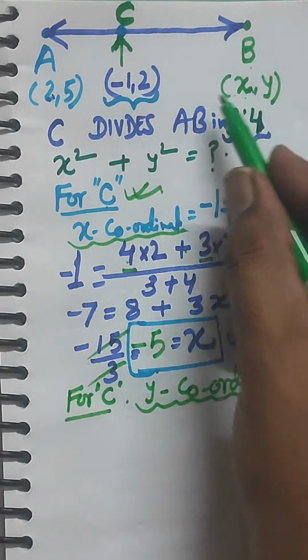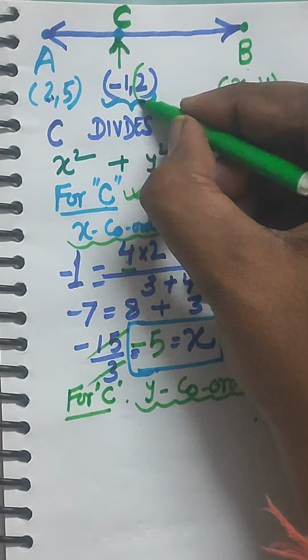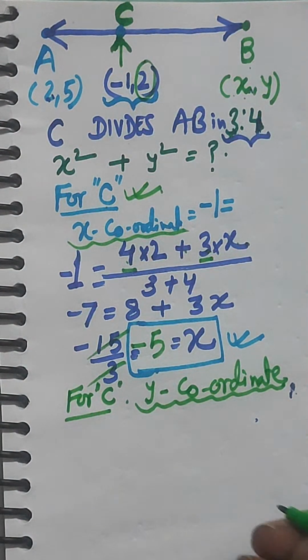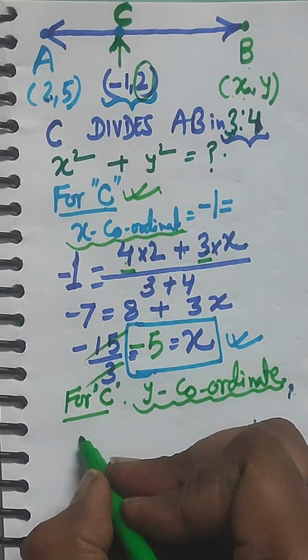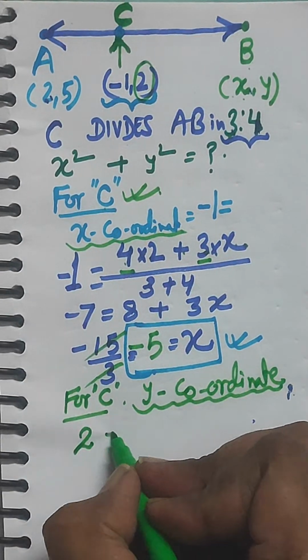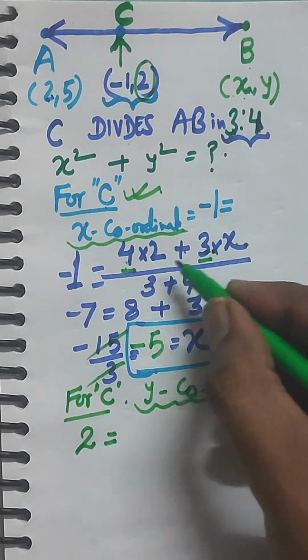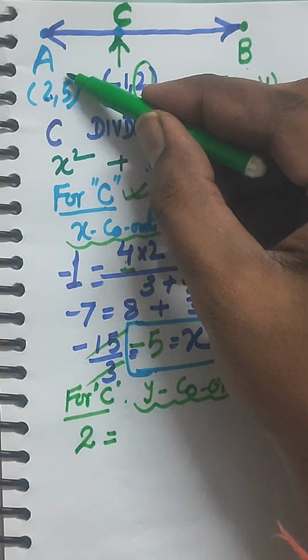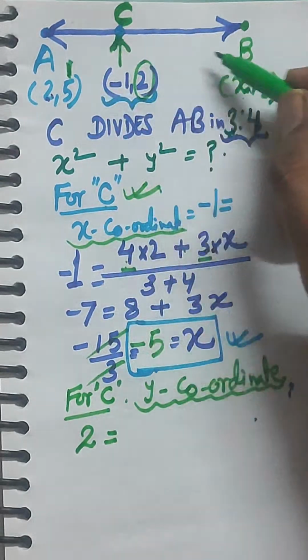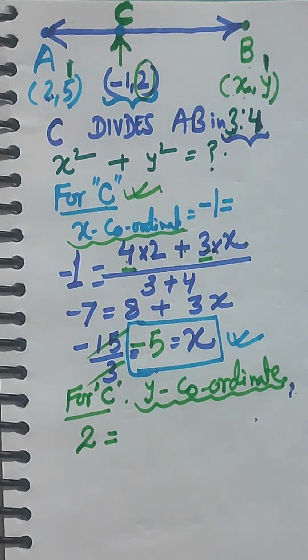Y is nothing but this value 2. So just write 2 is equal to, similar as we did for the x abscissa. Now we do it for the ordinates, this 5 and this y.